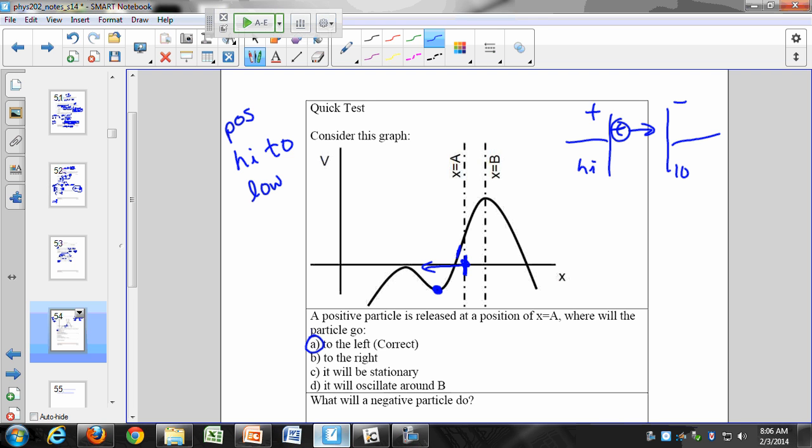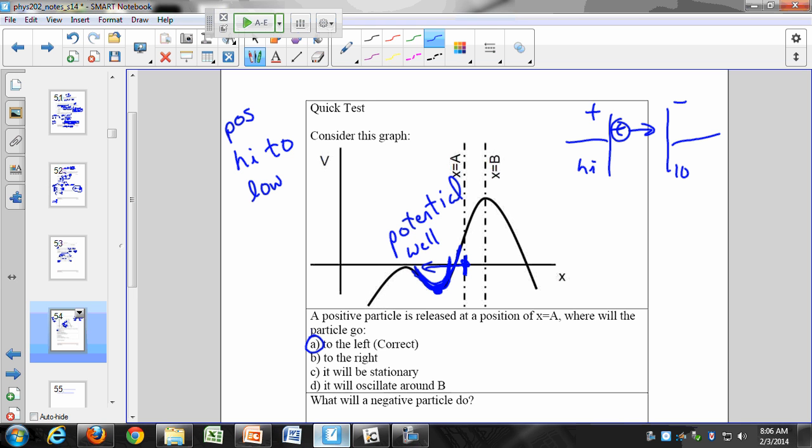It's going to come down along this potential, going from high to low potential, and it might come up a little ways, and it might keep going over if it has enough energy, but if it doesn't, it's just going to oscillate back and forth, back and forth. This is called a potential well.